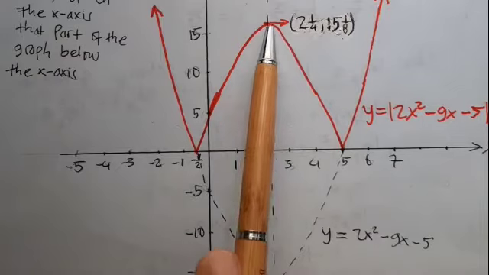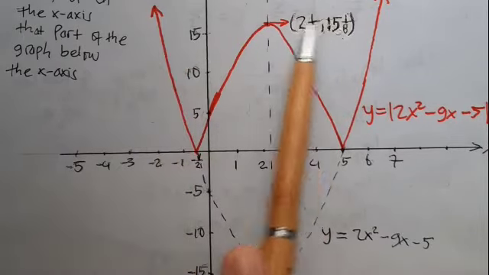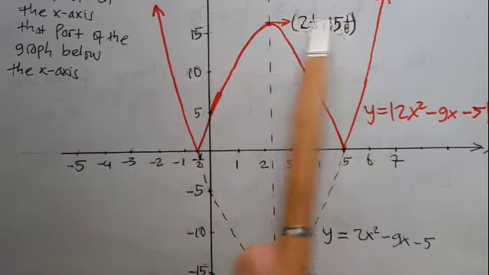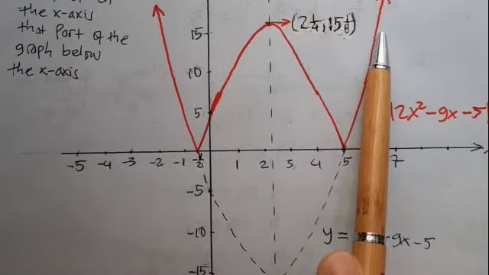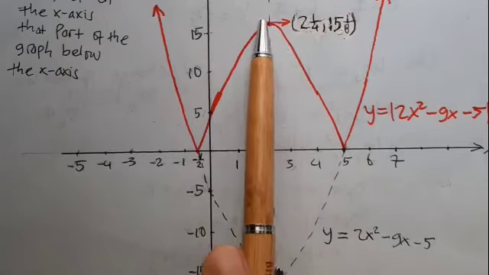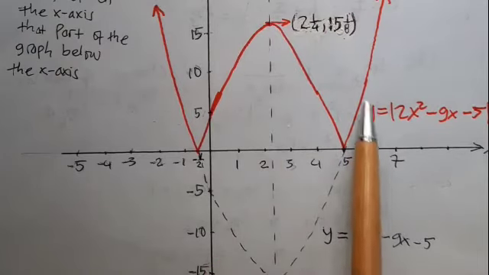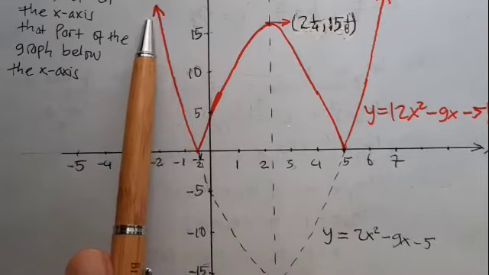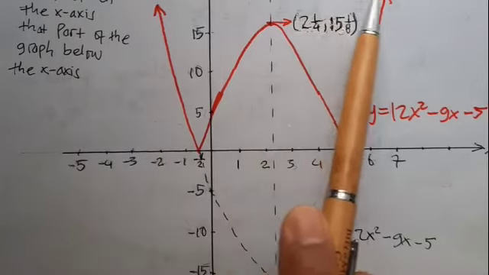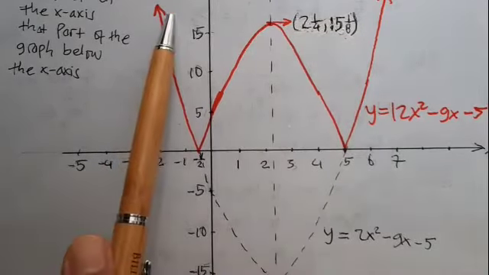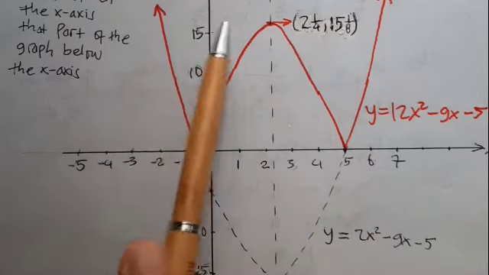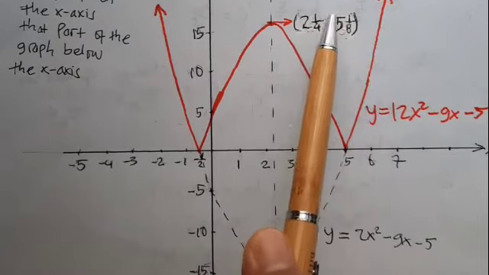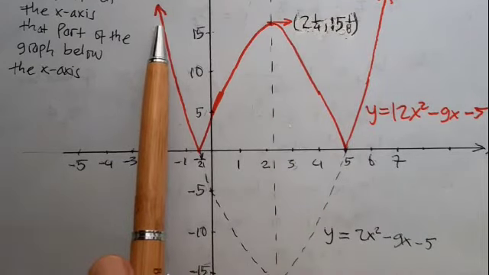If we choose y equals 15 1 over 8, there will be 3 solutions. But if we choose k greater than 15 1 over 8, there are only 2 solutions.